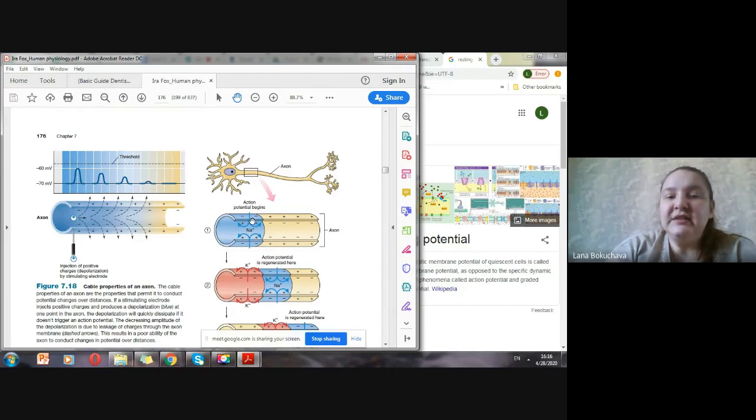So you see, normally in the resting condition, the potential, so the charge of the interior of the cell, is always minus. For example, in this case, it's approximately minus 70 millivolts. That's what you can see particularly here, minus 70 millivolts.